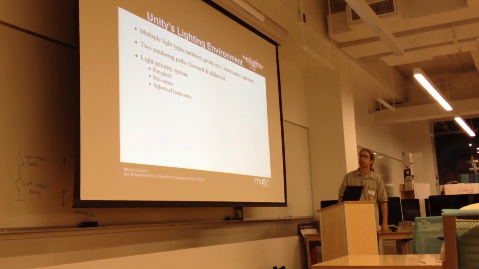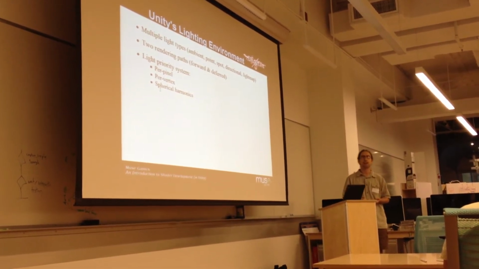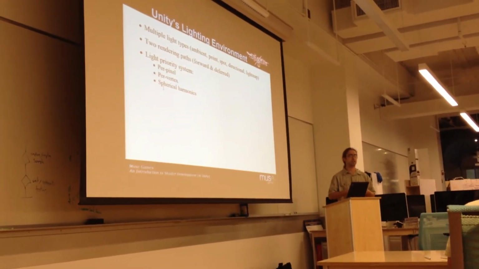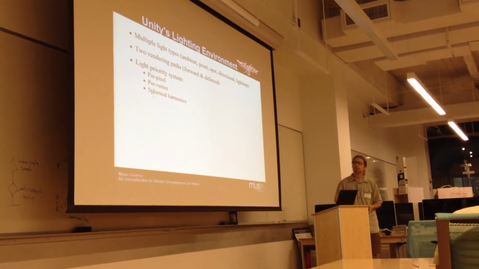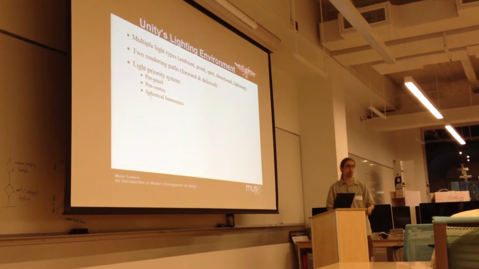It also has this fancy light priority system where it will decide, based on intensity and distance, which of your lights get drawn per pixel in their own single draw call.